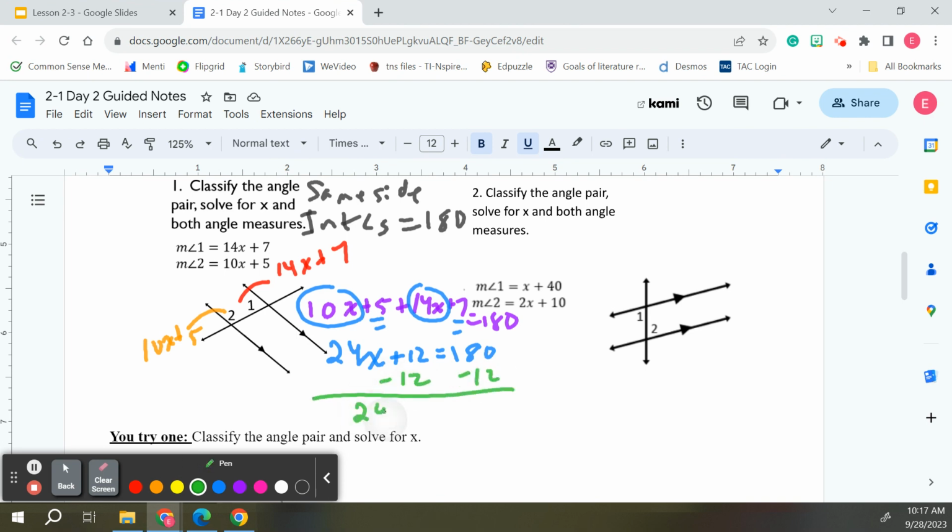This leaves me with 24x equals 168. And then last but not least, I'm going to divide both sides by 24. So x is equal to 7.